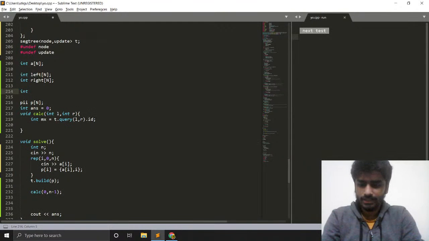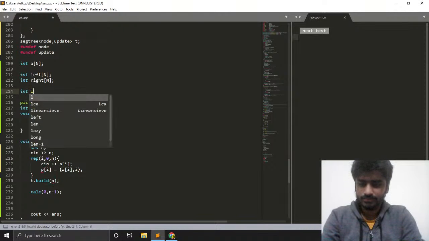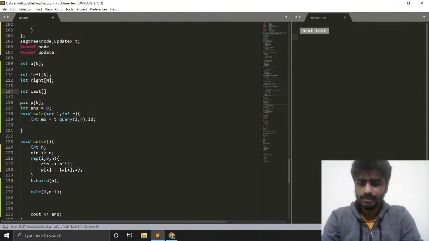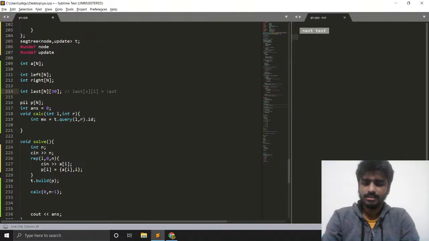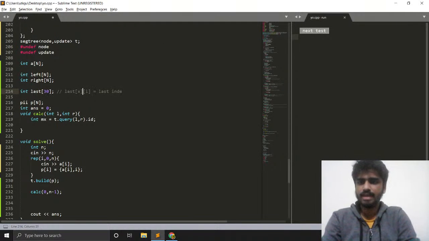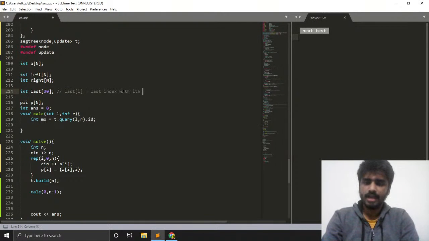For that I'll need another auxiliary, I think. Let's call it last. Okay, so last of i, I will store the last index with the ith bit on.